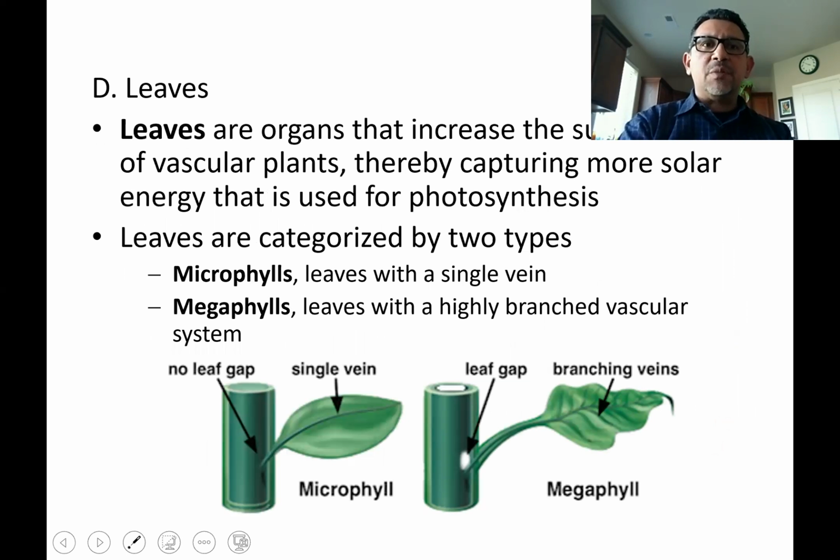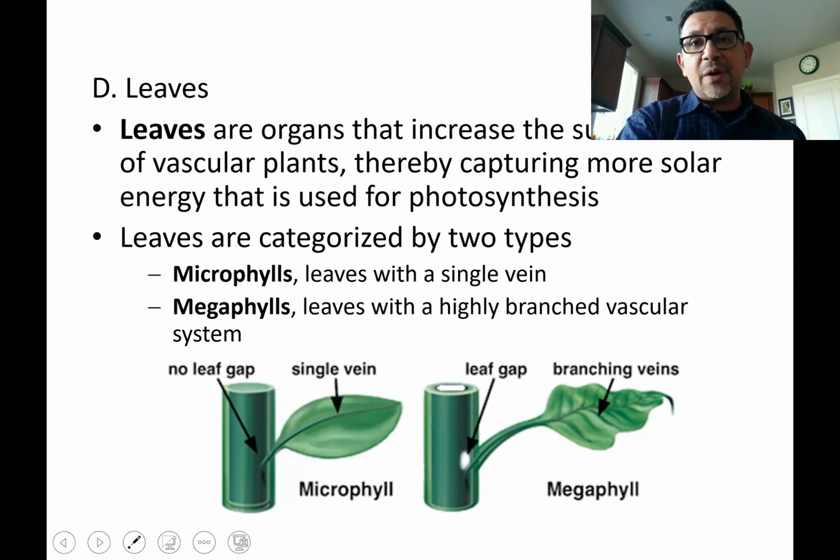Leaves are going to be also more sophisticated. The little tiny leaves of a moss will not be sufficient to provide for all of the needs in terms of sugar, in terms of food that a plant that is larger is going to be demanding or requiring. And so it is true that vascular plants can grow taller, but with growing taller also come more difficulties and challenges, such as a greater need for water.